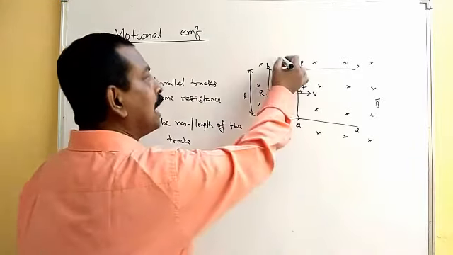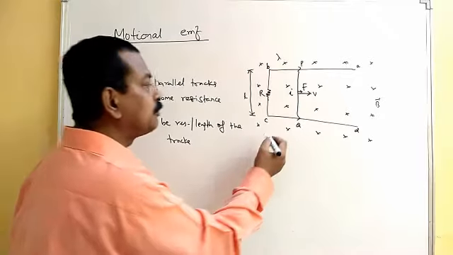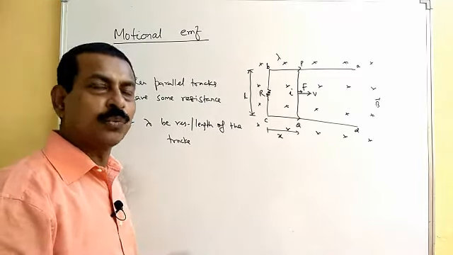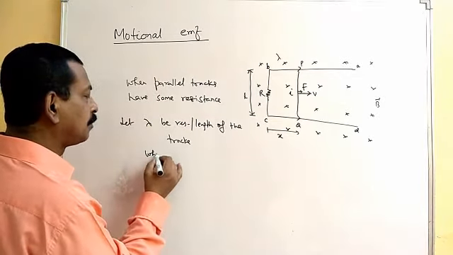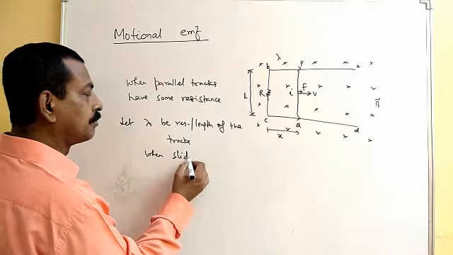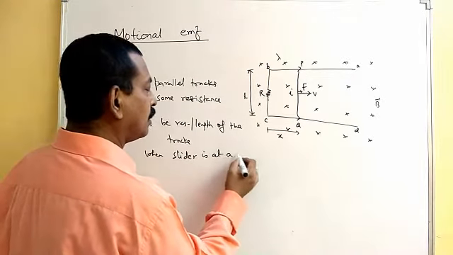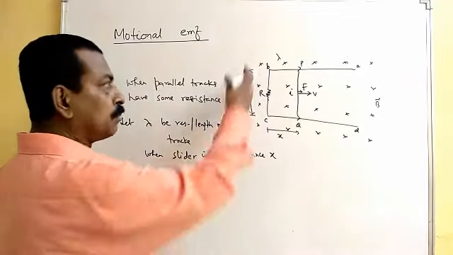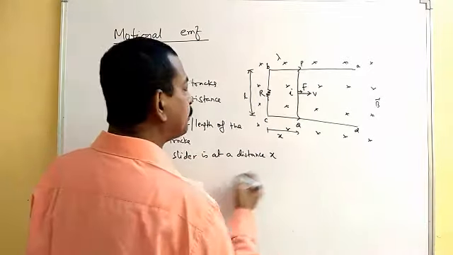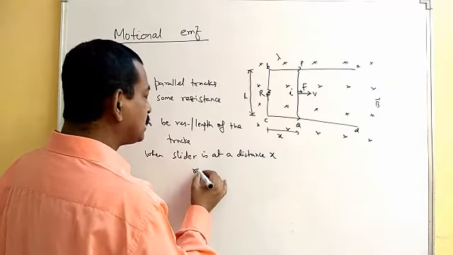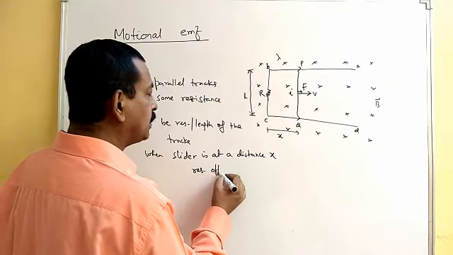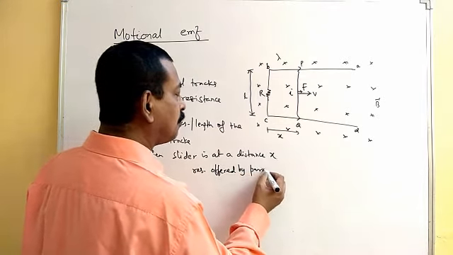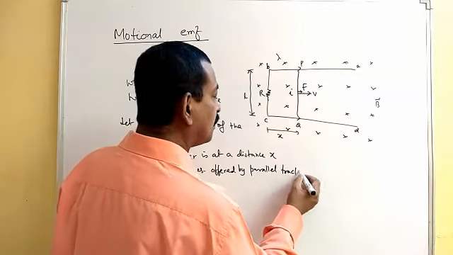So now if I assume that the slider is at a distance x from one closed end, in that case the resistance offered by the parallel tracks will be how much?